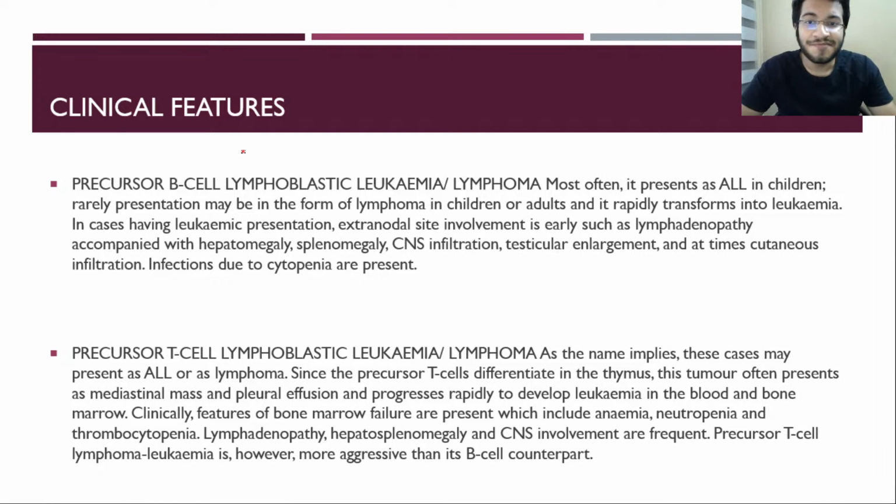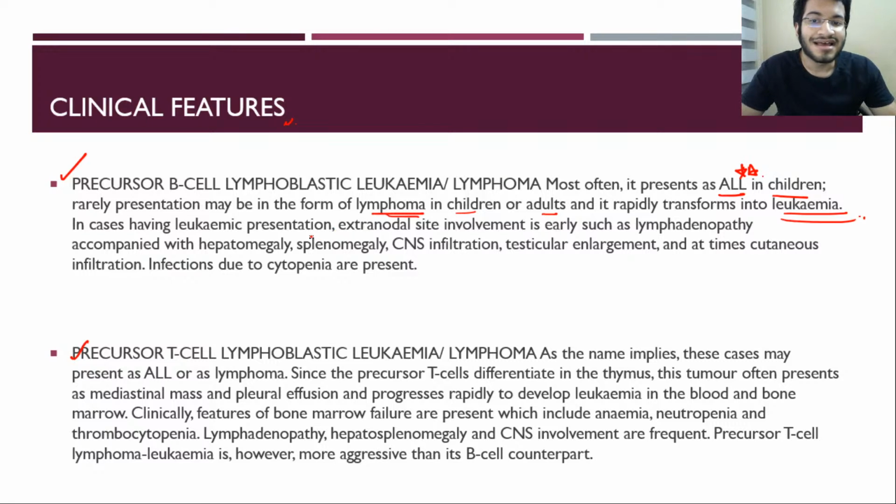So what will be the clinical features of precursor B cell ALL and lymphoma, right? As we have already discussed, it is divided into two, precursor B cell and precursor T cell. First let's talk about precursor B cell ALL, or precursor B cell lymphoblastic leukemia or lymphoma. Most often it presents as ALL in children, and rarely the presentation may be in the form of lymphoma in children or adults, and it rapidly progresses into leukemia, right?